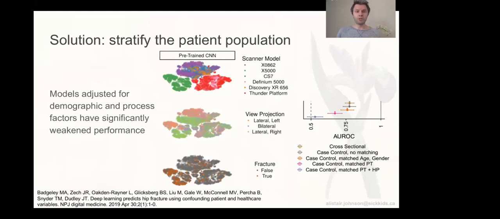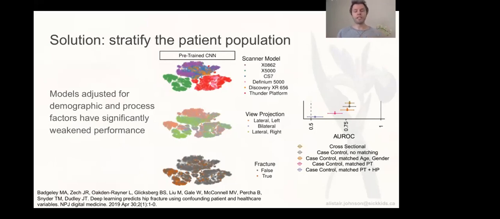So which machine you use has a big impact on the representation that is learned by the neural network. And if you stratify your population and remove this information from the data, then in some instances the model is unable to learn anymore. In this instance, they were looking at hip fractures.